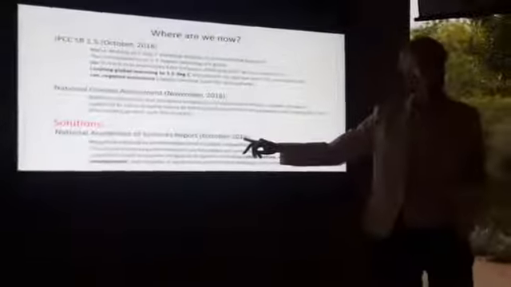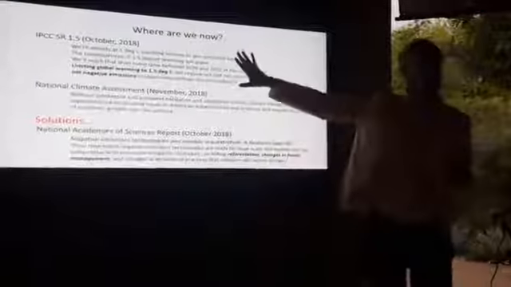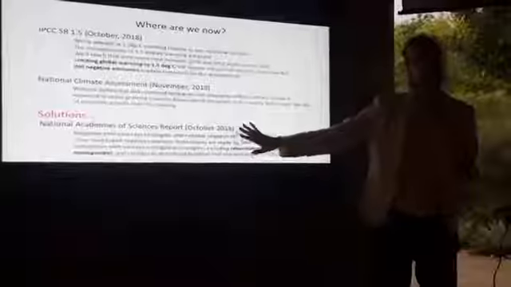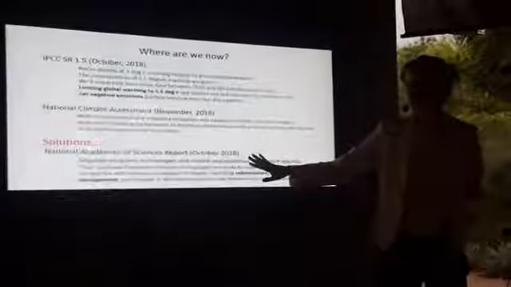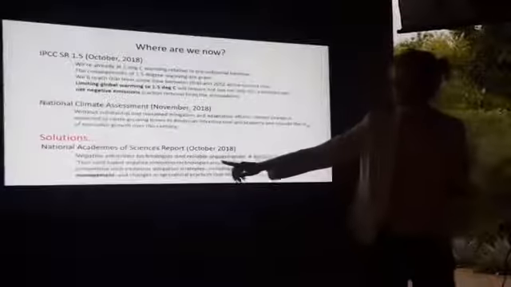So, solutions. Also came out last fall, in October of last year, and I think didn't get quite as much press as these two, was a report put out by the National Academies of Sciences. The title of it was Negative Emissions Technologies and Reliable Sequestration: A Research Agenda. If we're going to need to do net negative emissions, how are we going to do it?